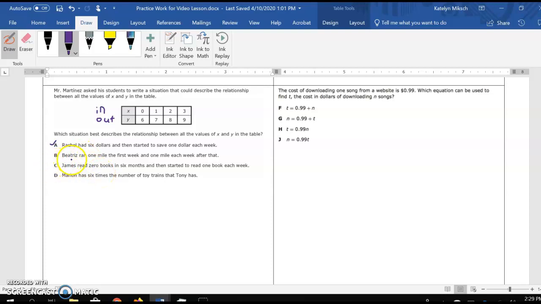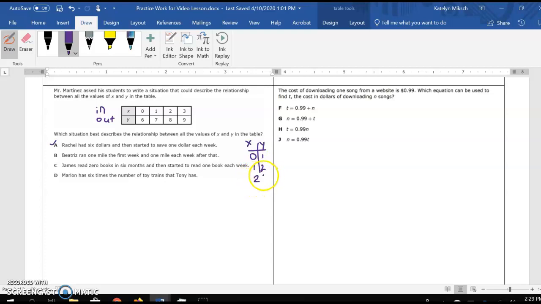B says Beatrice ran 1 mile the first week and 1 mile each week after that. Okay. Another strategy you could use is to make a table of your own. So first week she ran 1 mile. So that's her starting point. A week goes by, she's going to run another mile, so now she's ran 2 miles.